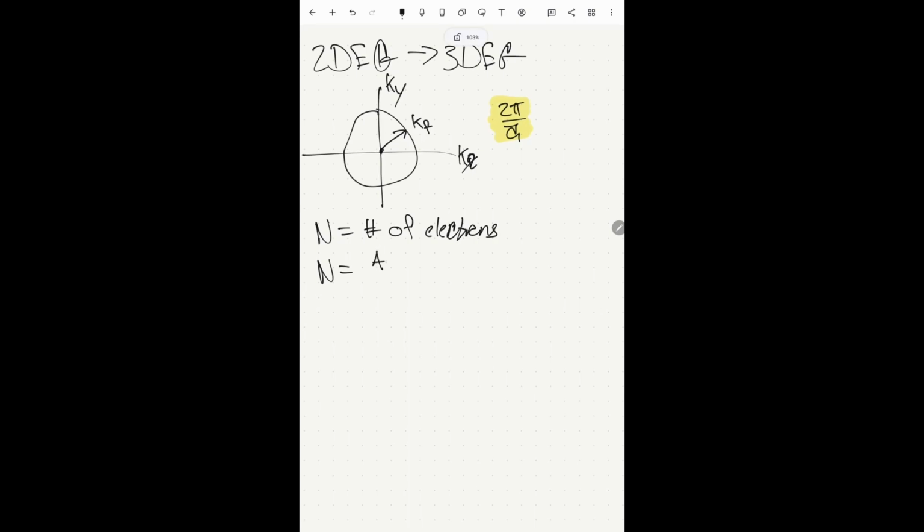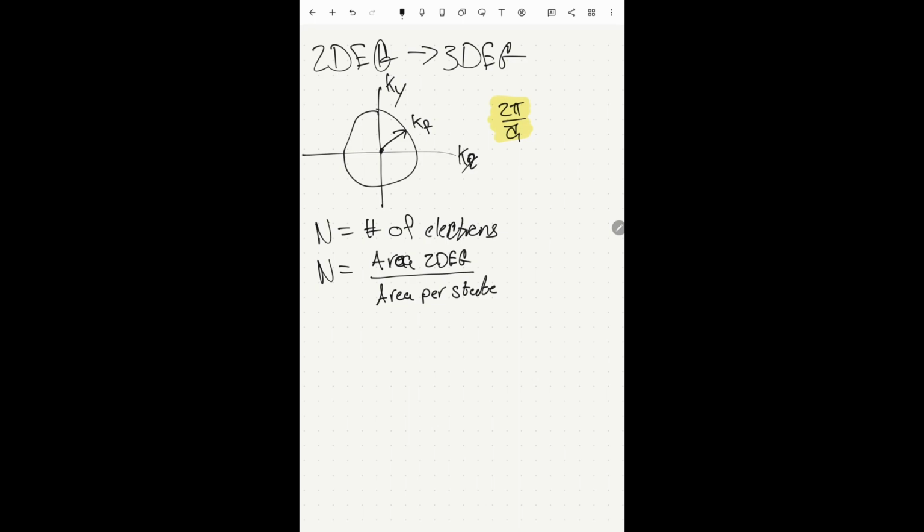If you think about it, the area of our total 2D electron gas divided by the area per state of each electron gives us the number of states.